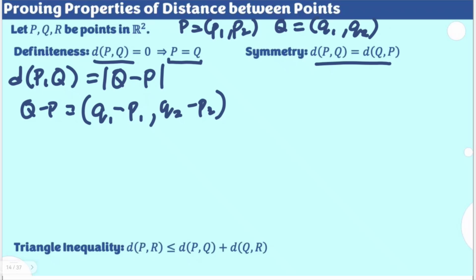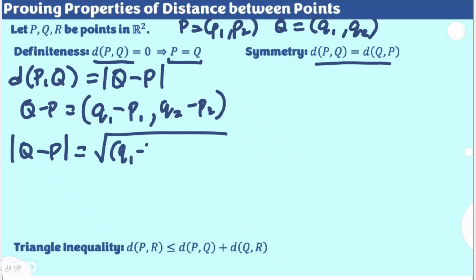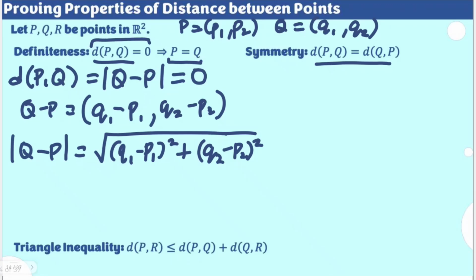Once we take Q minus P, this is the square root of Q sub 1 minus P sub 1 squared, plus the square of Q sub 2 minus P sub 2 squared. Now, if this entire value is equal to 0, when would this expression be equal to 0?